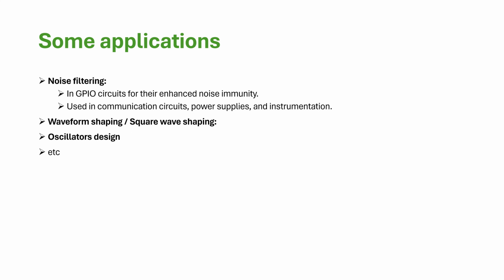The Schmitt trigger is used at the receiver side. Signals coming from the external world are passed through this Schmitt trigger to filter out the noise. This noise immunity is added to your IO circuit because of the Schmitt trigger and its hysteresis property.